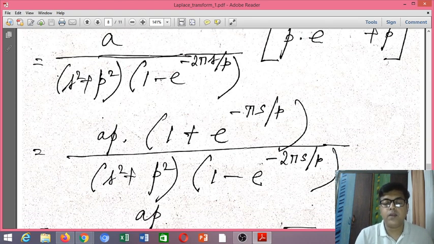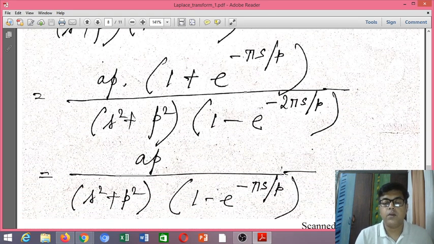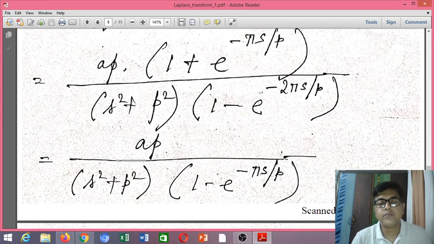Now it is very much clear that I can write 1 minus e to the power minus twice pi s by p in the form of a minus b into a plus b, because it's a square minus b square form. What is the advantage of writing that? Because I can cancel the factor in the numerator.